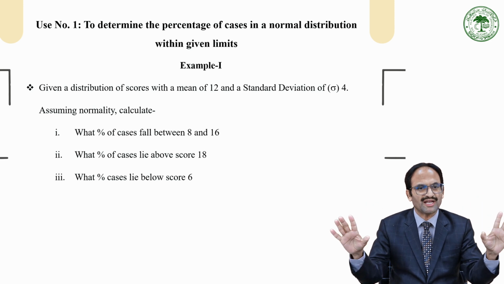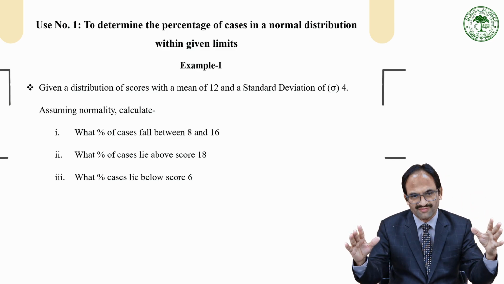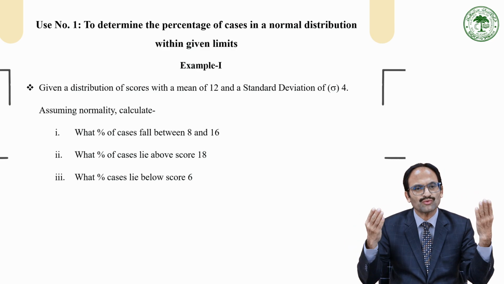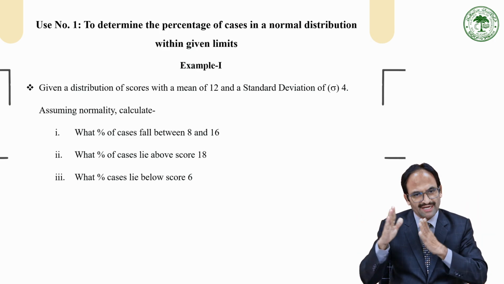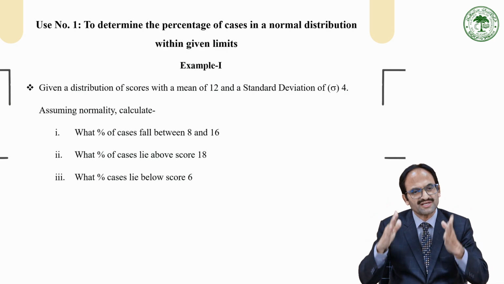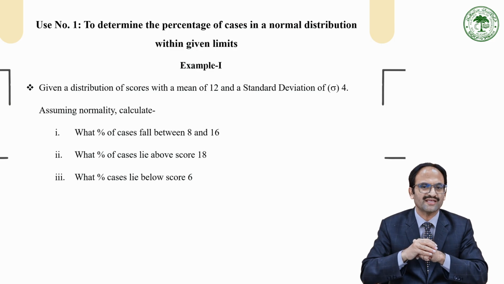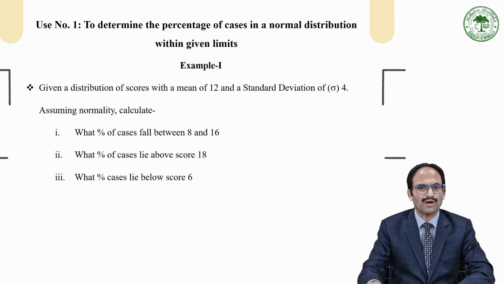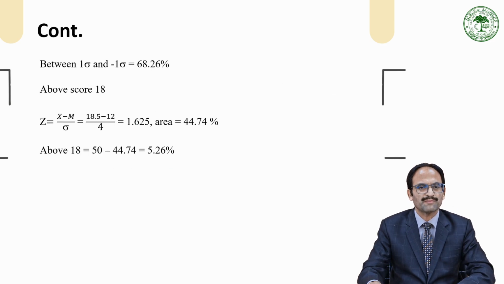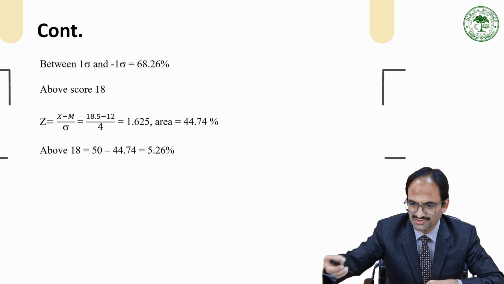A normal distribution has been given, mean is 12, standard deviation is 4, and you are required to find the percentage of cases which fall between the scores 8 and 16. You have to calculate the percentage of cases above score 18 and below score 6. So first let us do the first part of this problem, the percentage of cases lying between 8 and 16.